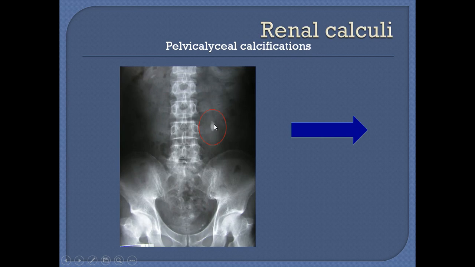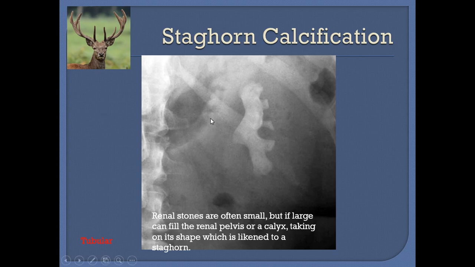Then in the renal area, when we have the X-ray KUB, there is a pelvicalyceal system calcification or calculus. Staghorn calculus, you can see the staghorn pattern. You can see the enlarged kidney with a large calculus.